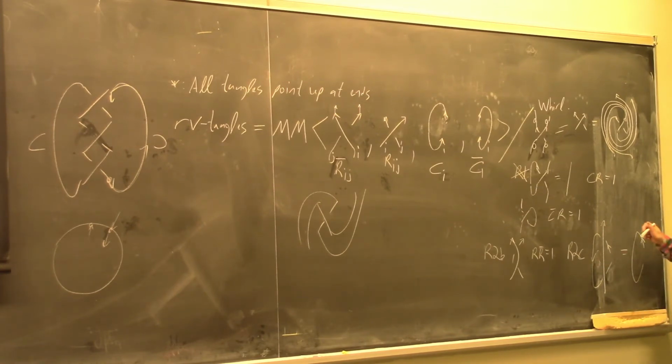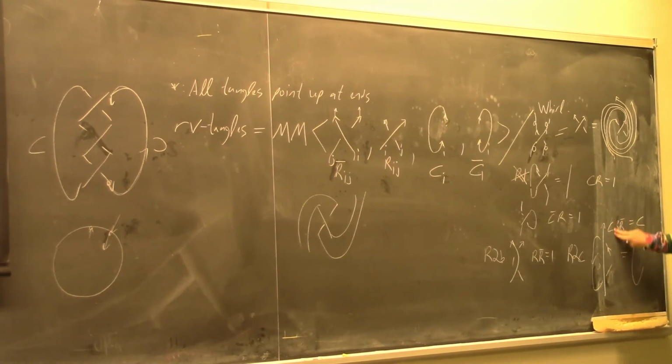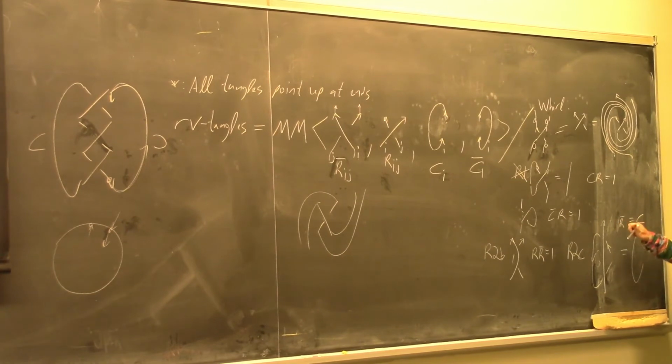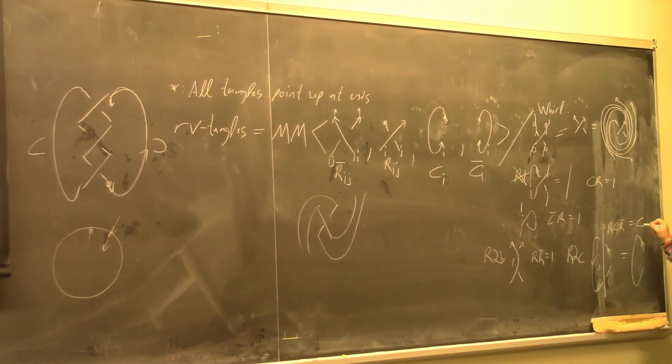And schematically, this relation is of the form C R bar is equal to C. Or, if I wanted to be truer to the original, it's R C R bar is equal to C. Though you have to be careful about what gets stitched to what.